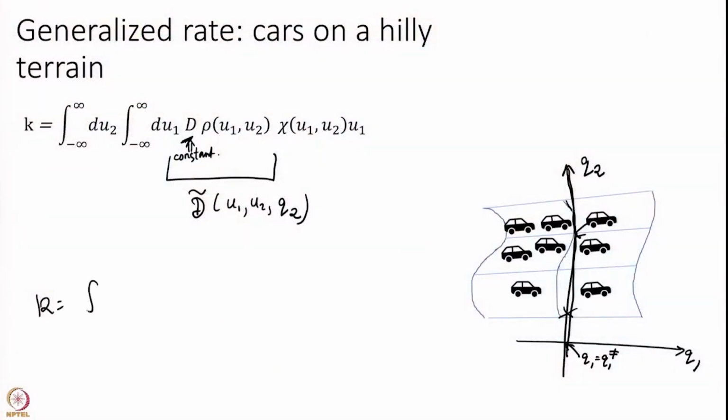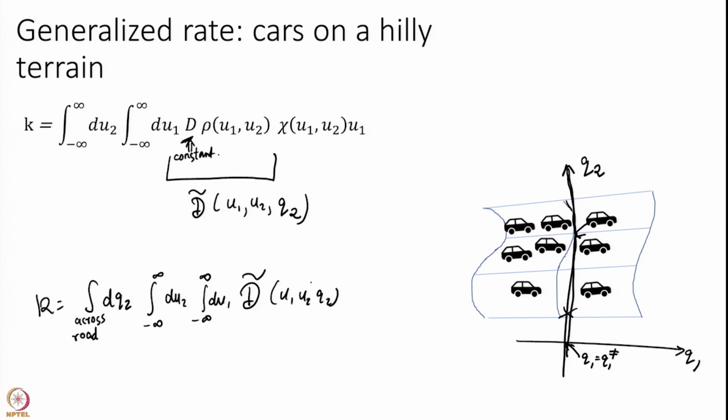So, I write a more general formula now, I add another integral over q2 across the whole road. Du2 over all speeds, du1 over all speeds, I call this d tilde u1, u2, q2, this full thing d rho.